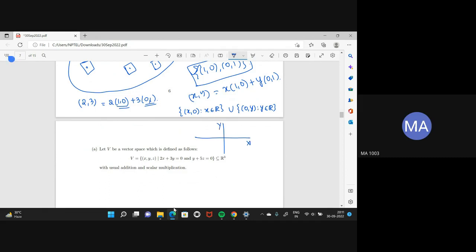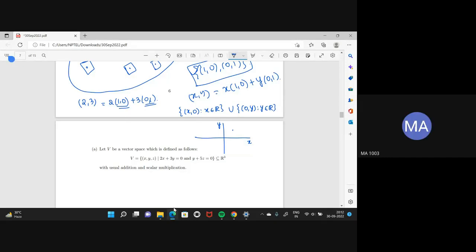X-axis, y-axis. Why should their union be a subspace? If you add two elements from the x-axis and y-axis, will it remain either on the x-axis or y-axis? No, but they are subspaces of R2.